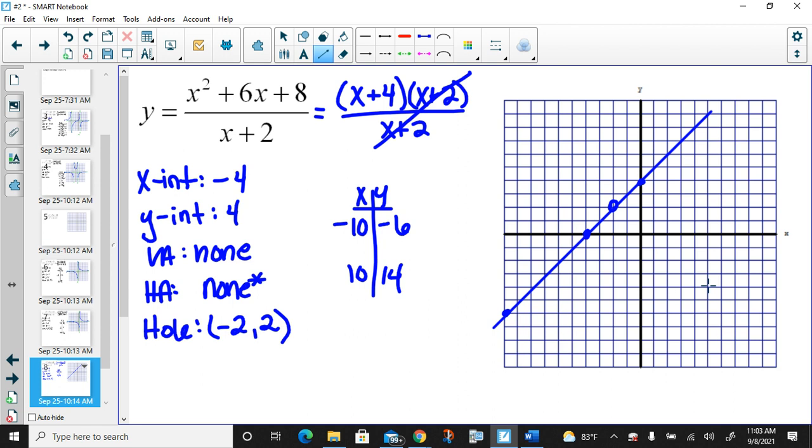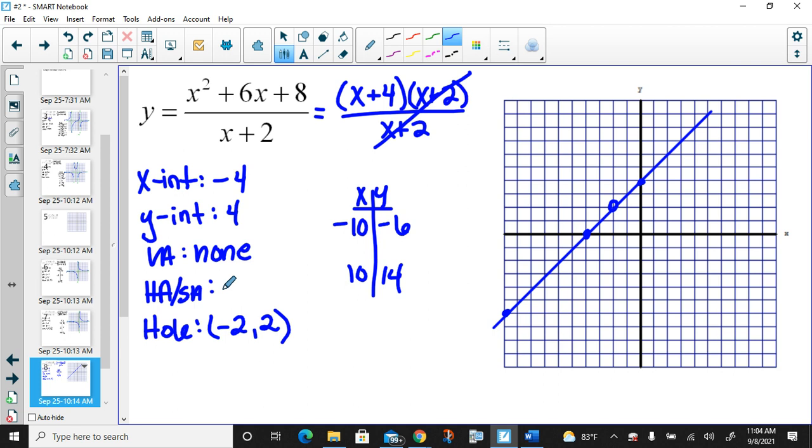That's it. Now, I asterisked this horizontal asymptote down here, and we'll get into this a lot more tomorrow. But I have alluded to it a little bit before. Sometimes we have what is called a slant asymptote. Your slant asymptote occurs whenever the degree of the numerator is exactly 1 larger than the degree of the denominator. So the degree of the numerator here is 2. The degree of the denominator is 1.